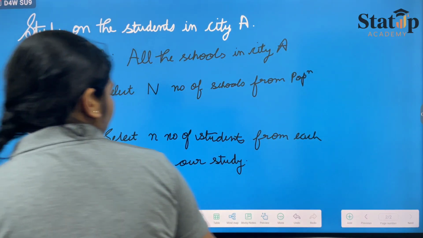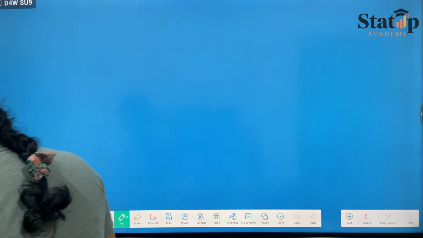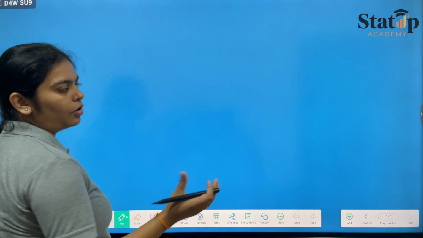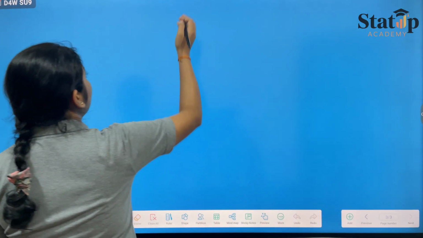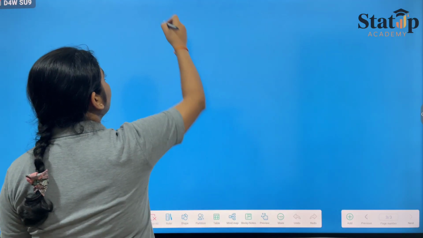Now moving on, if we want to make an overview of two-stage sampling, in the exam, if they ask you what two-stage sampling is, you can draw a diagram like this.